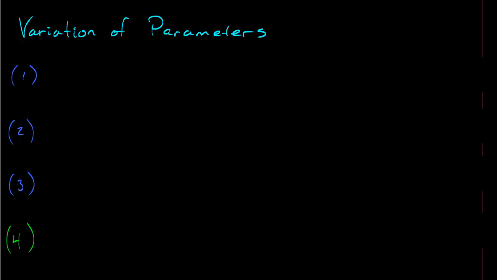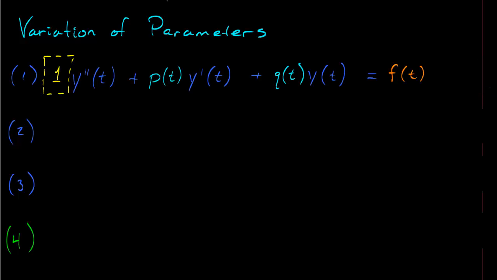My name is Andy and I'm making a video on variation of parameters. Variation of parameters is a technique for solving a special type of differential equation. That type is a second order linear non-homogeneous differential equation.